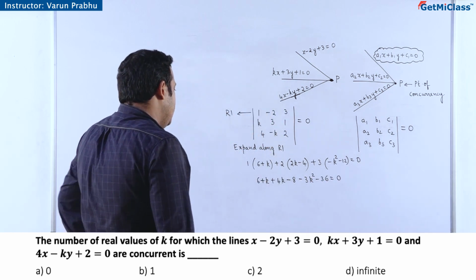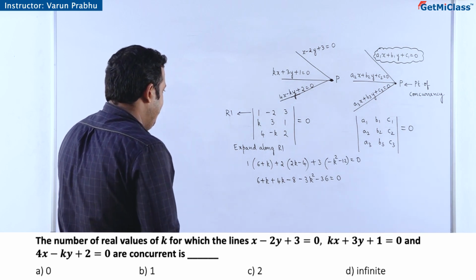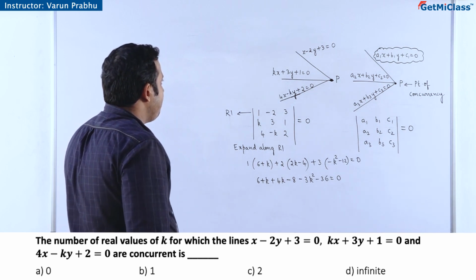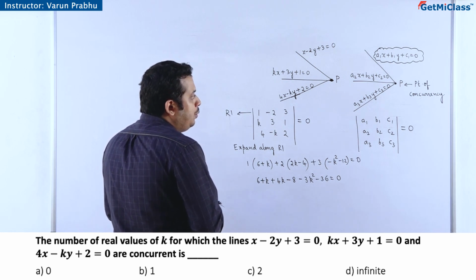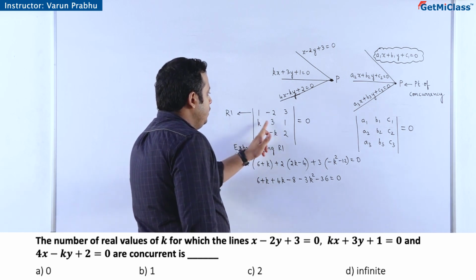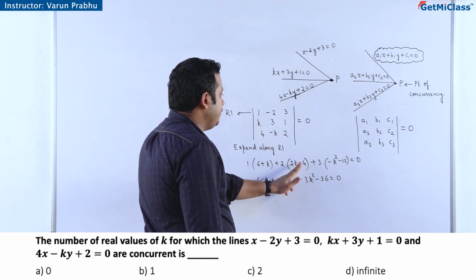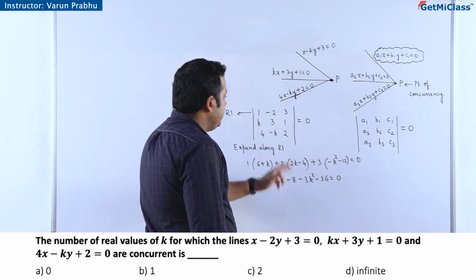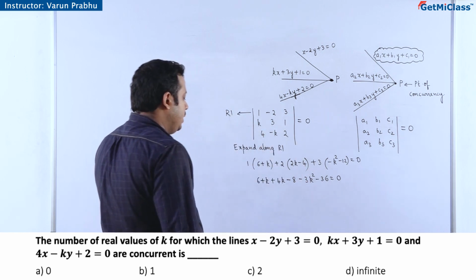So if you can see here, the determinant is 1, minus 2, 3, k, 3, 1 and 4, minus k, 2. So 1 into 6 plus k, plus 2 into 2k minus 4, plus 3 into minus k square minus 12 is equal to 0.